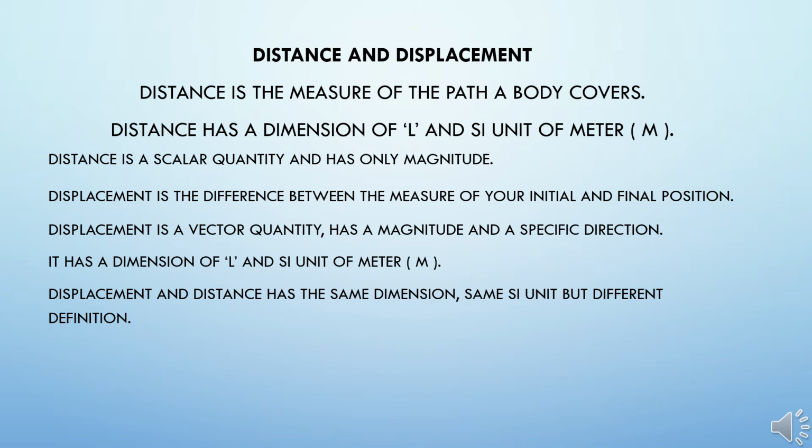And so it will also have the same SI unit of what? Meter. From the definitions here, distance and displacement have the same dimension and the same SI unit, but different definitions.